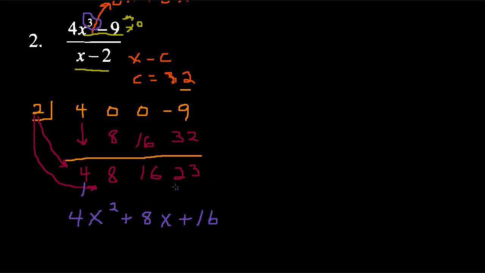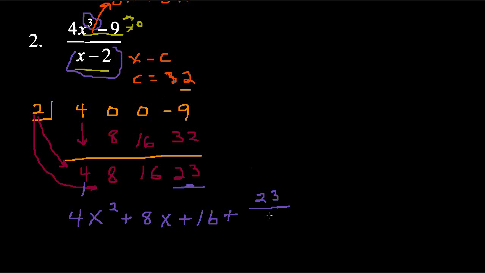And in the last position, that's the remainder. In this case, we have a remainder of 23. You write the remainder as, in this case it's a positive, so I put a plus sign there. And then form a fraction, because we're going to write our remainder as a fraction with the 23 in the numerator. And in the denominator is the original divisor. And here's our original divisor way up here.